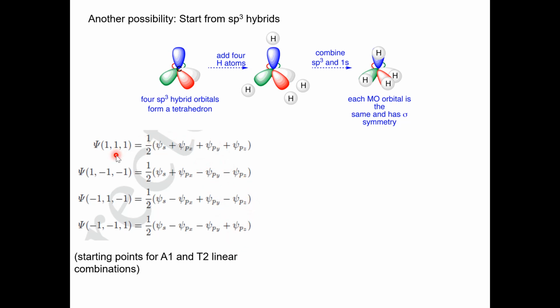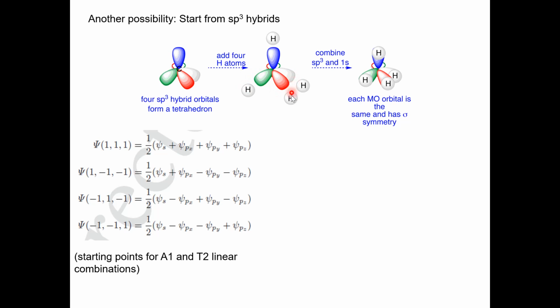I have to make, once again, linear combinations of these 4 sp3 orbitals with the same symmetries as the linear combinations of s hydrogen orbitals that I have discovered already, A1 and T2. And if you think about it, the combinations are precisely the same, because these 4 different s orbitals have exactly the same symmetry properties as a whole as the 4 sp3 orbitals.